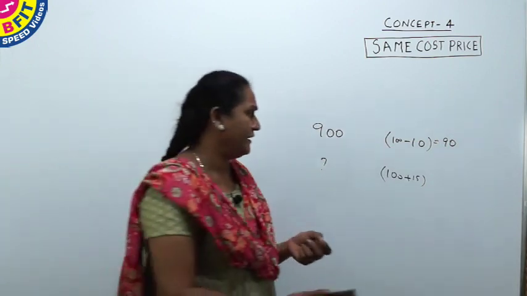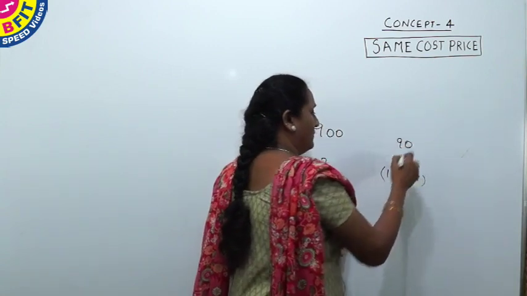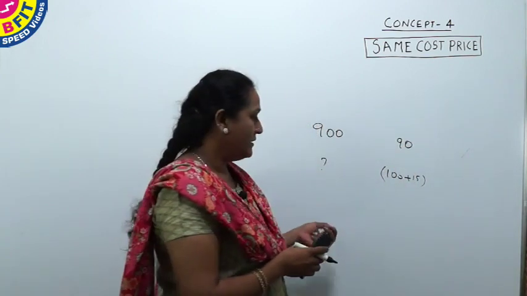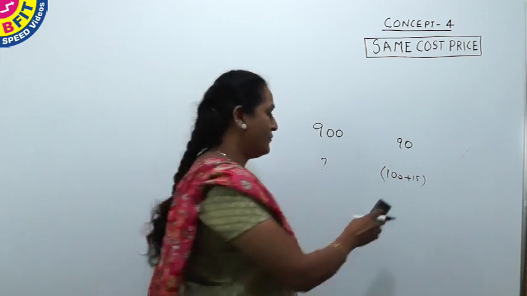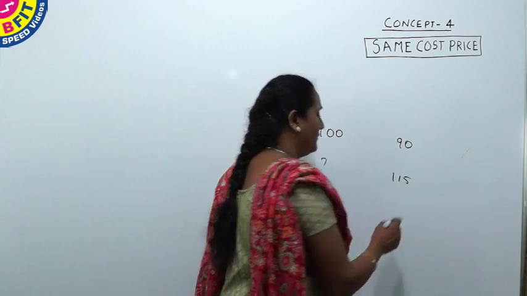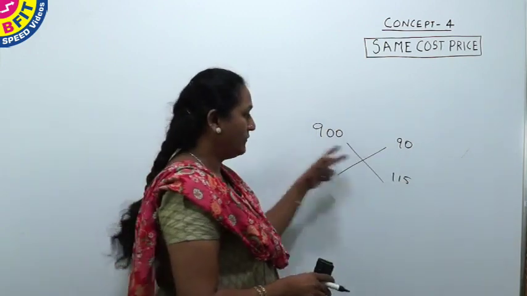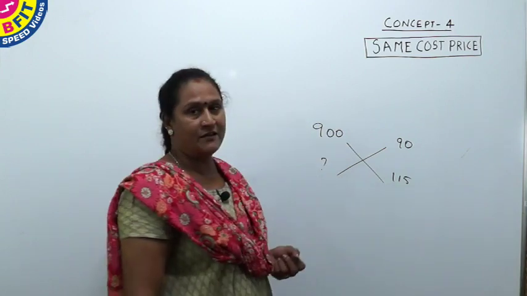So it is 90. So write 90 here. And for what selling price will he get 15% profit? Add 15 with 100, it is 115. And now just by cross multiplying and equating the product, we can find the selling price.